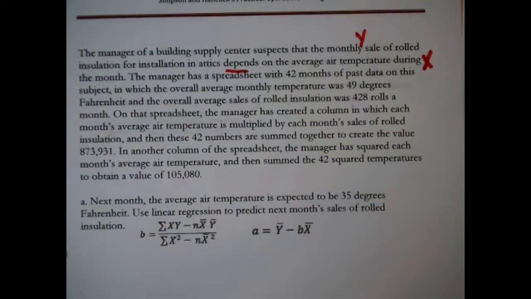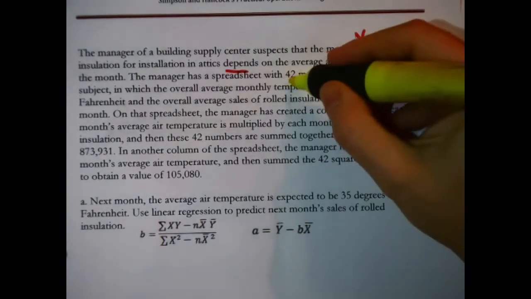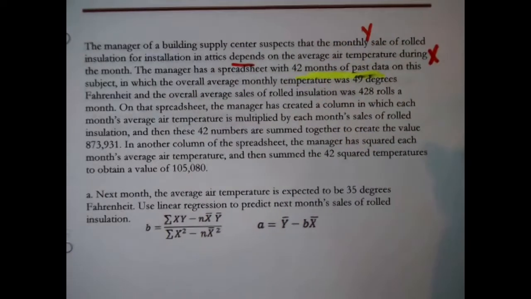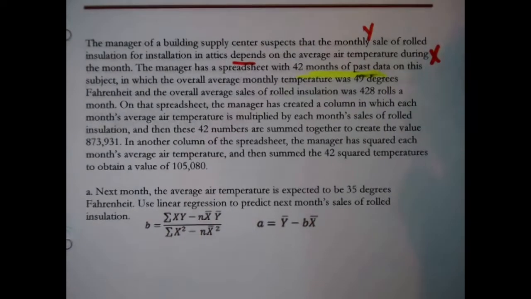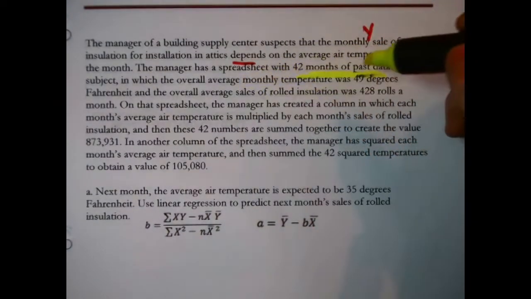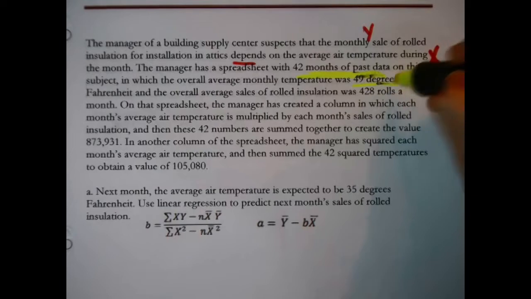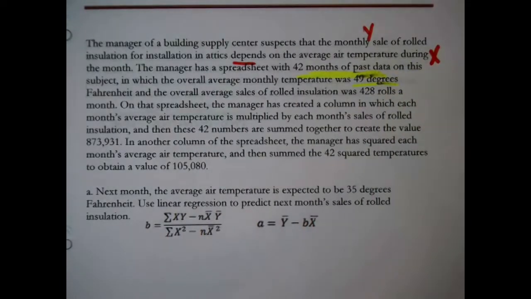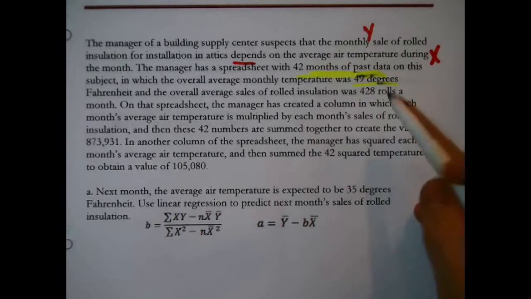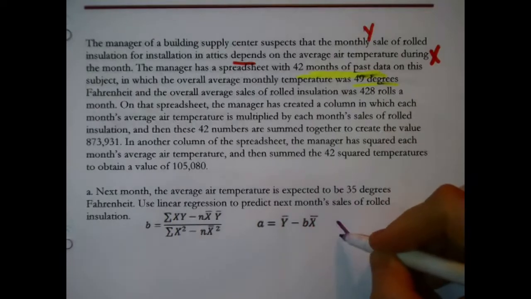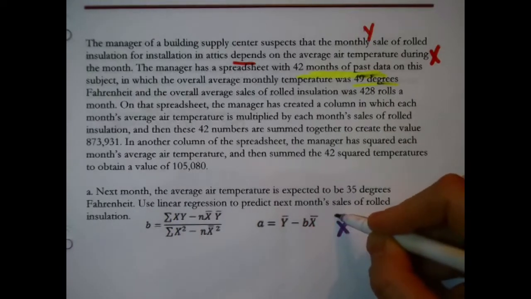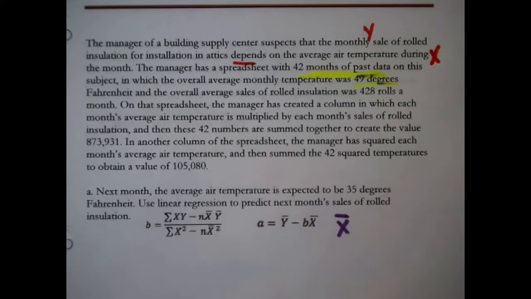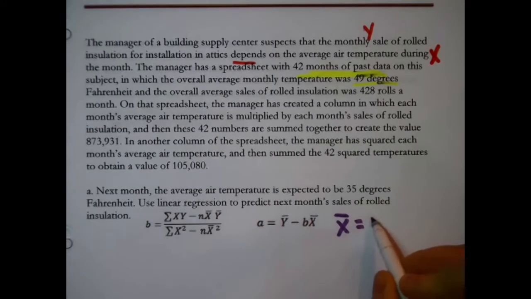Now, moving on. The manager has a spreadsheet with 42 months of past data, in which the overall average monthly air temperature was 49 degrees. We were saying that x was the air temperature, and I just found x bar, or the average x.